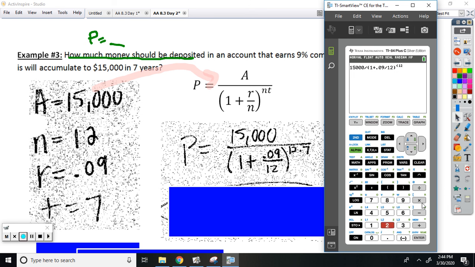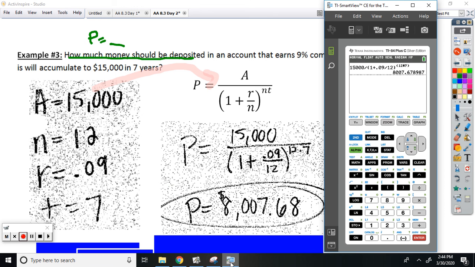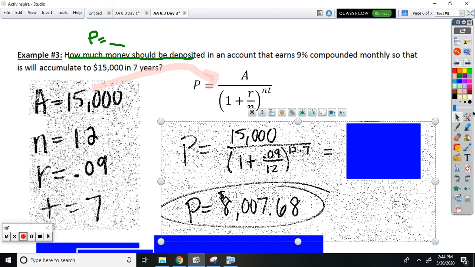Again, you may want to add parentheses around the 12 times 7 just to be safe. We should get $8,007.68. So we need to put that amount of money in right now so that in 7 years it'll be equal to $15,000.